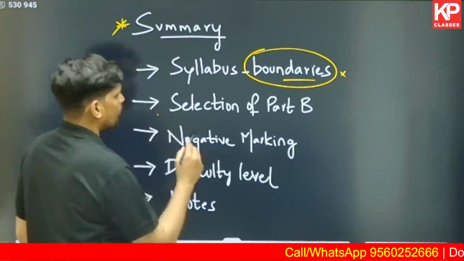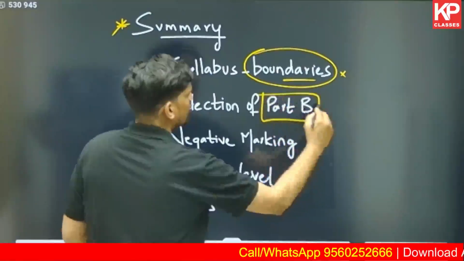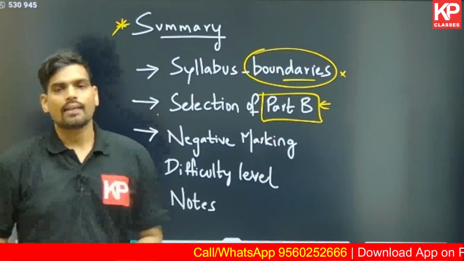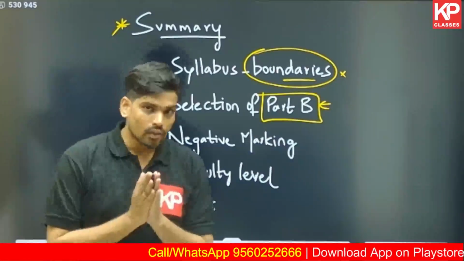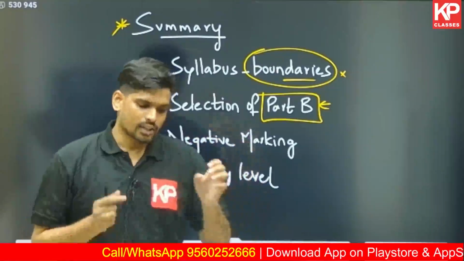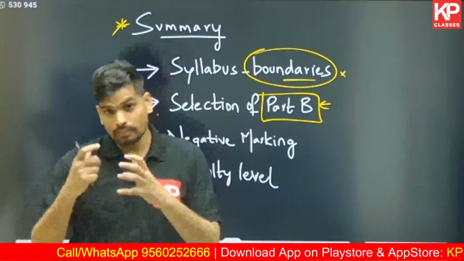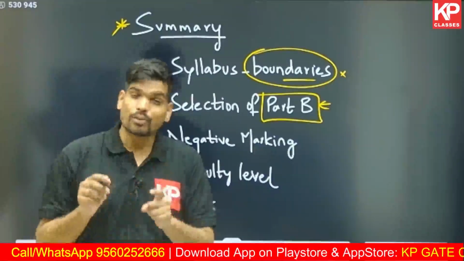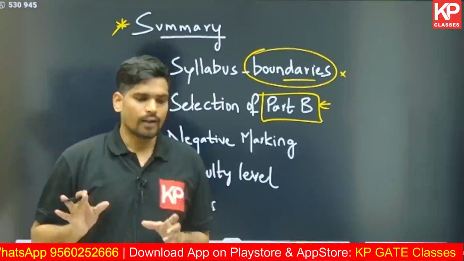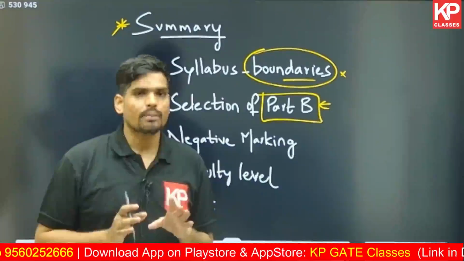Second thing is with respect to selection of part B. Which part to study? Like I said earlier, you can have an area of focus. If you're good in architecture, you can have a special focus on that. If you're good in planning, you can have a special focus on that. But don't leave out anything completely unless you're starting your preparation 1 month before the exam.